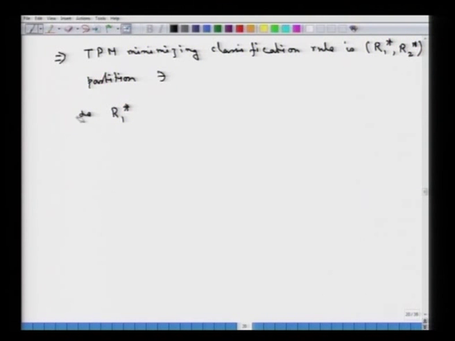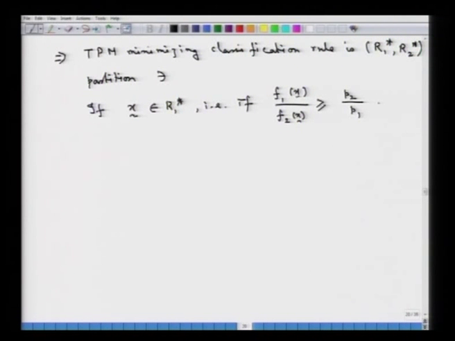Well, one can also put it in a different way: if x belongs to R1 star, that is, if f1(x) by f2(x) is greater than or equal to P2 by P1, then assign x to population number 1, because R1 star is the region corresponding to the first population, that is pi 1.